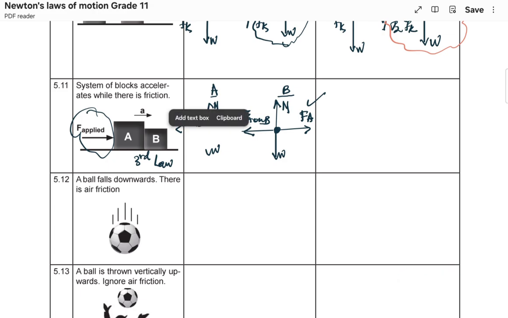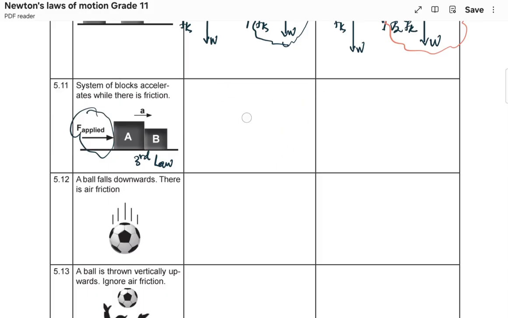I made a mistake there to draw the free body diagram. It's supposed to be force diagram, which is the box.